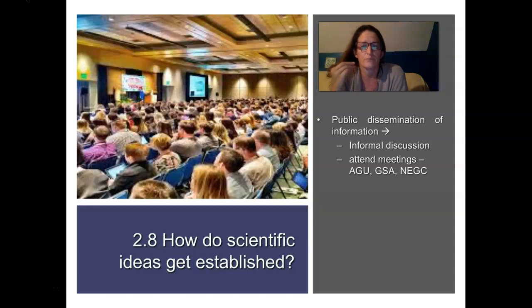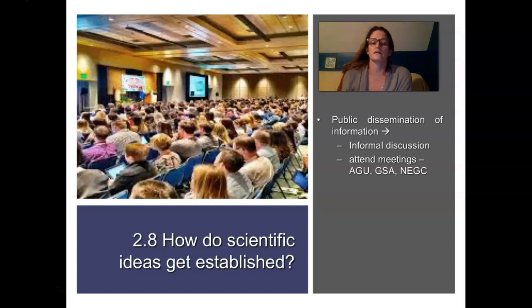We have what's called peer review, and you may have heard this maybe in the news, that science is constantly changing because we're doing more experiments and we want to share our information with other people. Other people need to be able to replicate our experiments over time. And so that replication and the investigation by other scientists is called peer review.